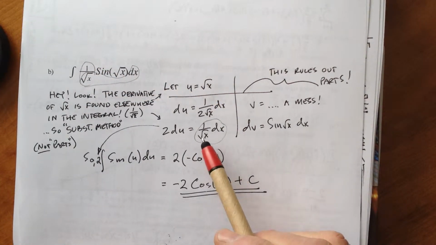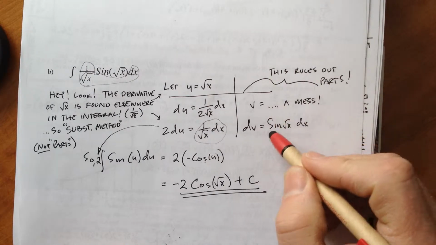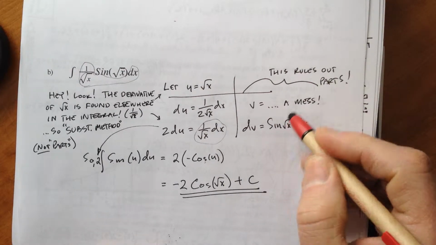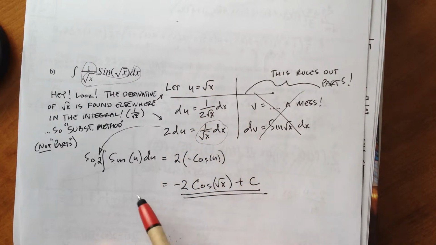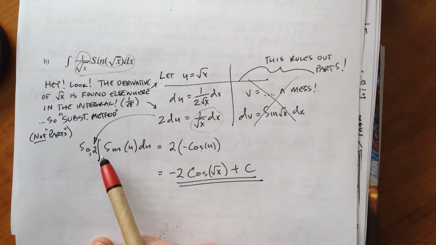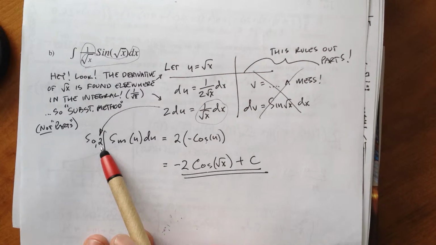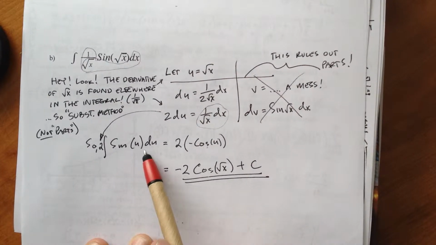So then we can do this. I started off to set it up as if it was by parts, but you can see that that does not work. It is simply u substitution. When we make that substitution, we pull that 2 out front, and we simply get sine of u du.